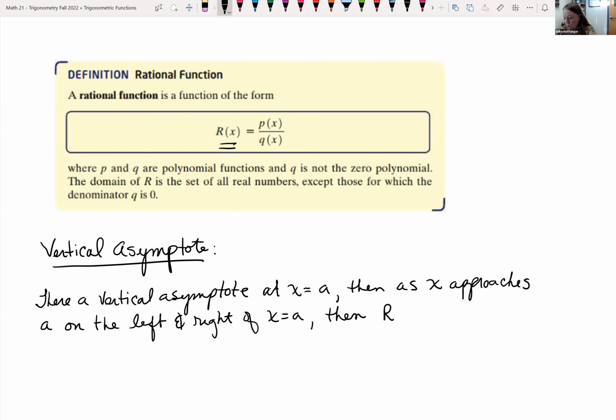Then r of x, our y value, goes to either positive or negative infinity.